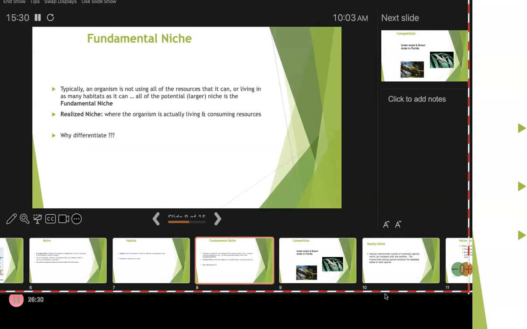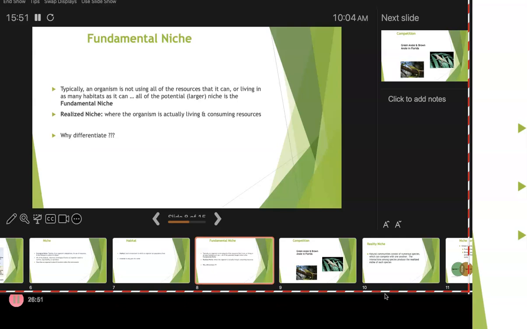So there's fundamental niche versus realized niche. Typically speaking, an organism is not using all of the resources that it can, or living in as many habitats as it can. We talked about this. You could make a go of it in the desert.